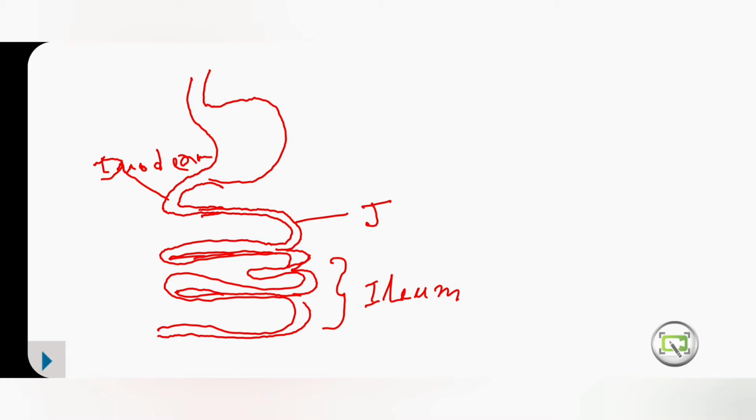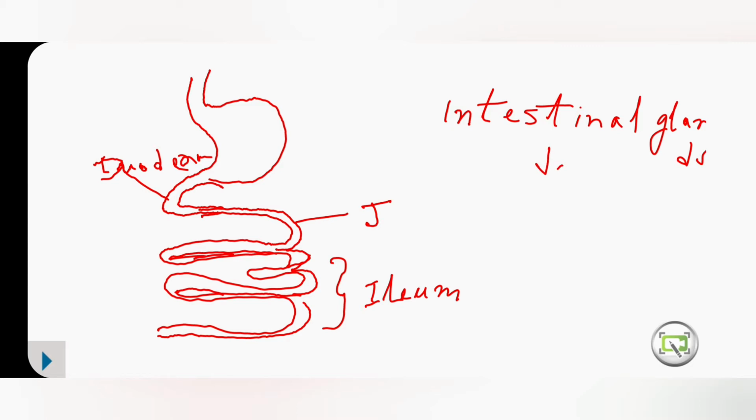The walls of small intestine contain digestive glands called intestinal glands. These intestinal glands secrete intestinal juice.